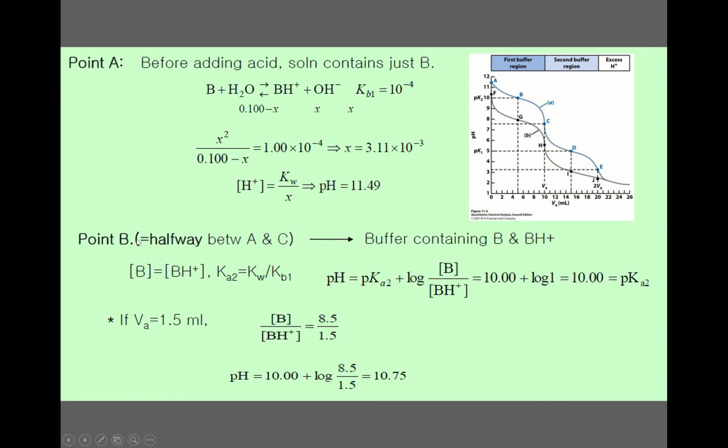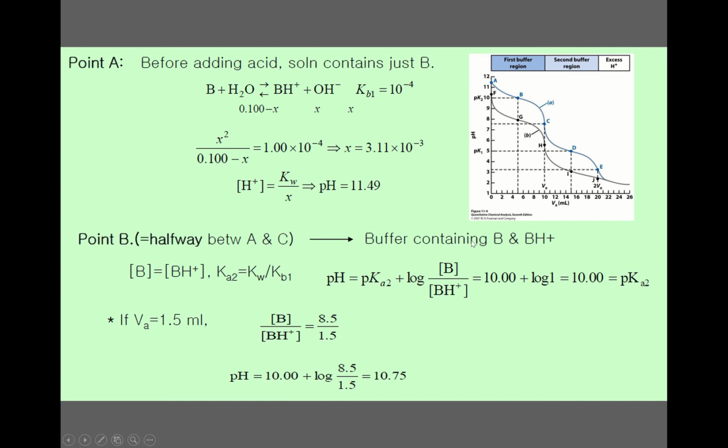This is halfway between A and C. So when we apply the Henderson-Hasselbalch equation, the concentrations of B and BH+ are the same, and the pH is simply pKa2 here. Now pKa2 is what? 10. That's the pKa2 value. All right, very easy.